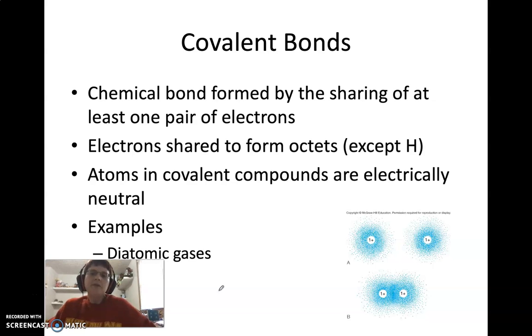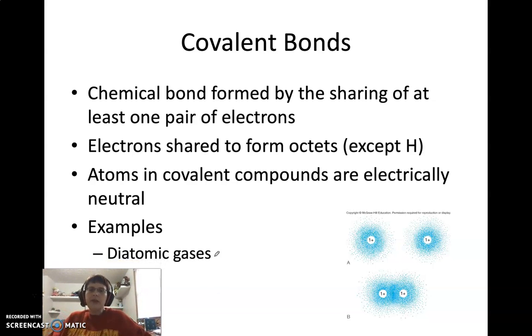So examples of covalent compounds. Things that are in covalent bonds, sorry, not a covalent compound, diatomic gases. These are molecules that are in covalent bonds. The one that you're seeing over here is hydrogen. Hydrogen is the exception for the octet, because remember, this guy only has 1 electron, and it can only fill its outer shell to 2.